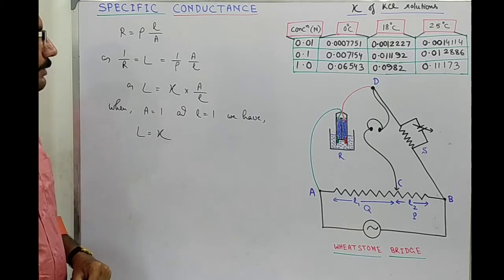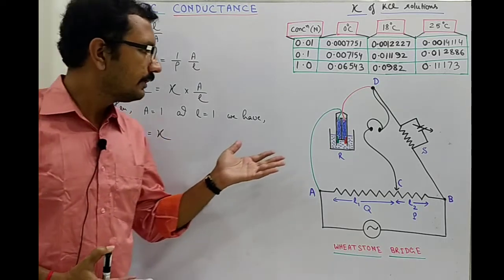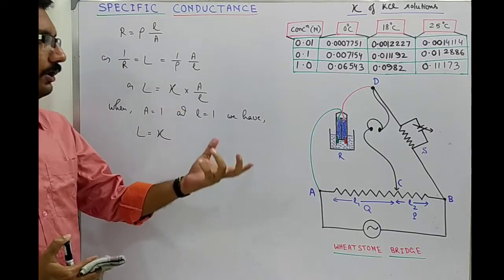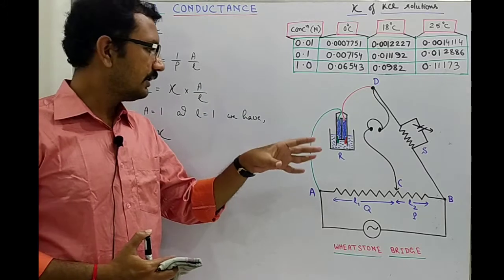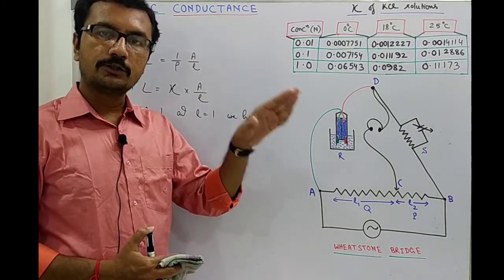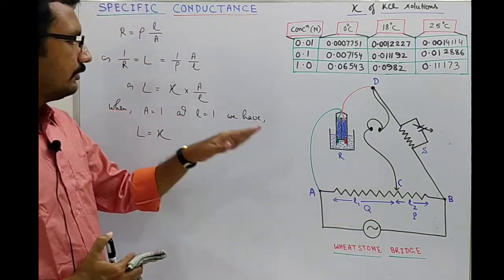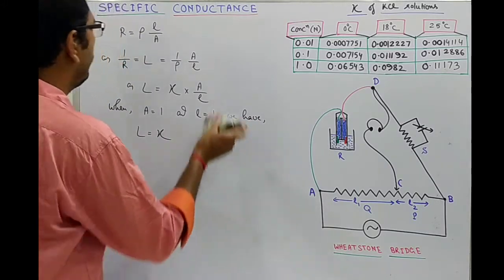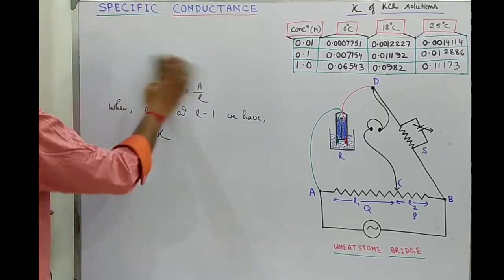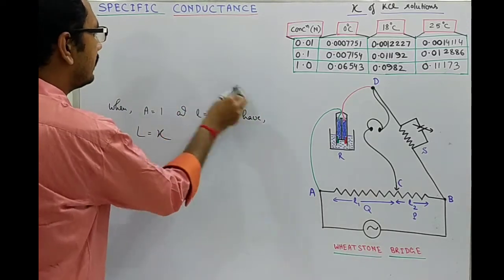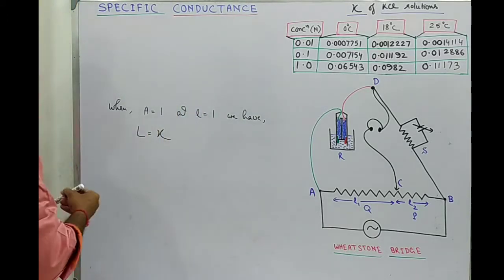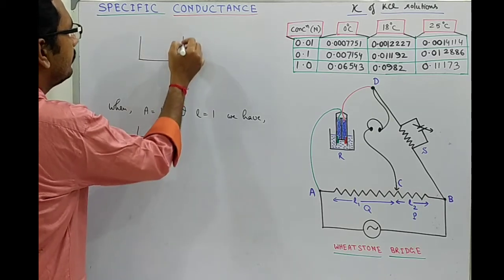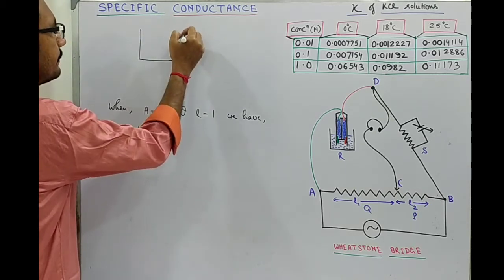Also you can remember that I told you in the previous lecture that from now on we will concentrate upon the electrolytic solution and not on the metallic conductors. Now if we wish to measure the conductance or specific conductance of an electrolytic solution, then the picture will be different.